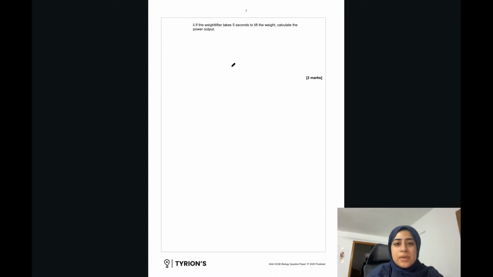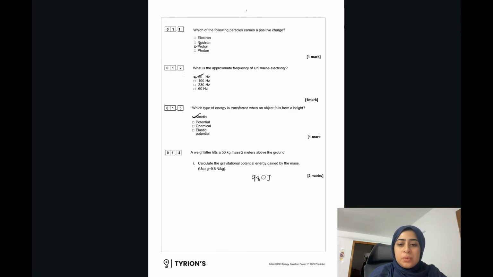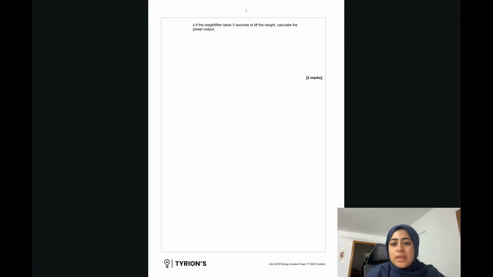Next question, if the weightlifter takes 5 seconds to lift the weight, what's the power output? We know power is energy divided by time. Sorry, I said energy times time.